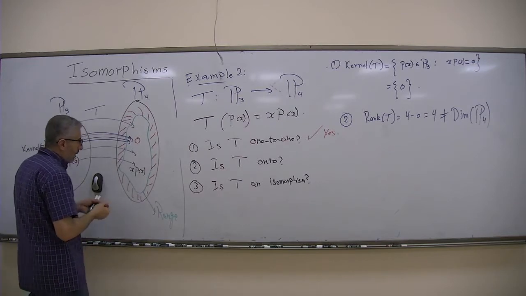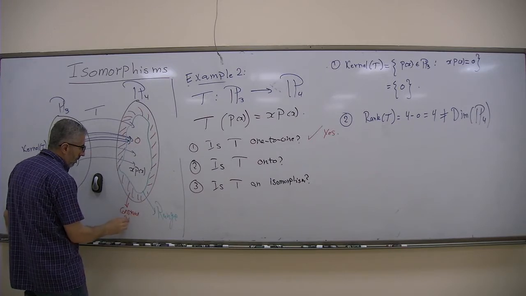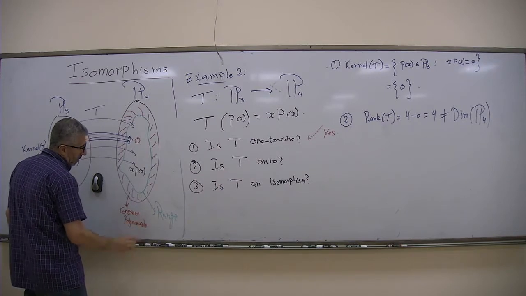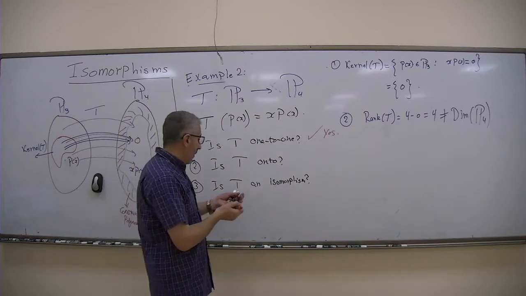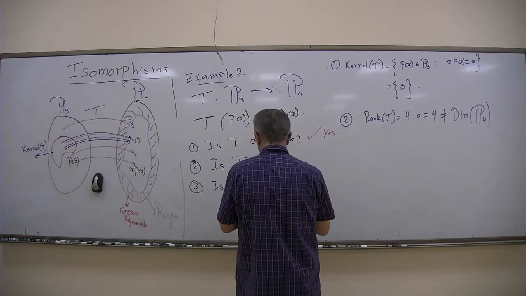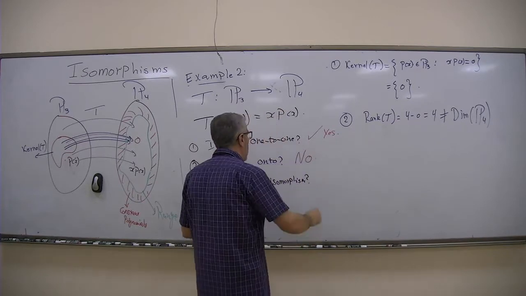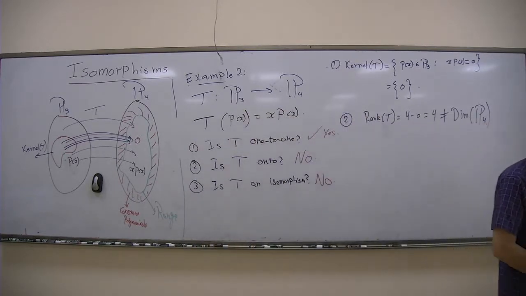Here, constant polynomials are missing. Constant polynomials are out of the range. So the answer here is no. And in this case, is this an isomorphism? No, it is not an isomorphism.